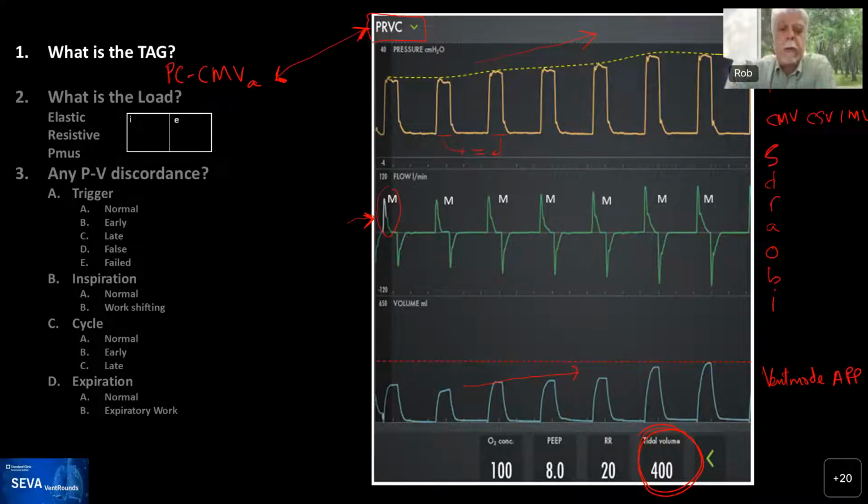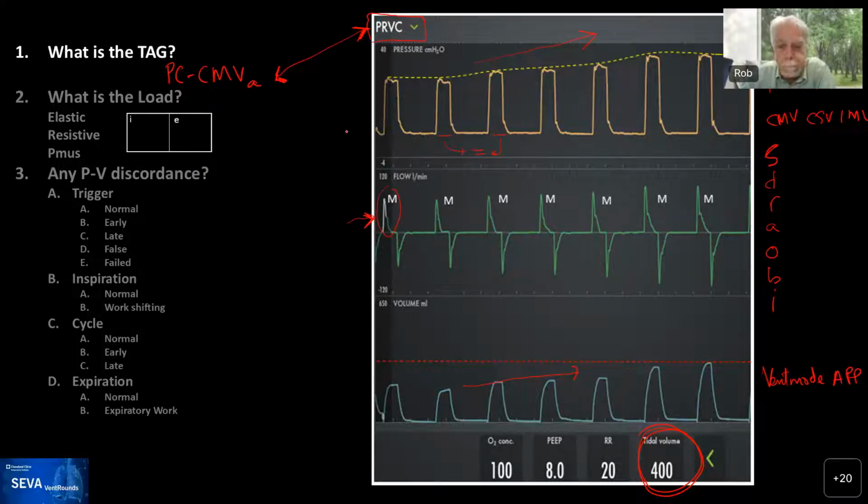So that's an example of what we're seeing here: an adaptive targeting scheme in the face of decreased compliance over these breaths, and the ventilator is trying to adjust inspiratory pressure to give us that target. So it's pressure control, continuous mandatory ventilation with adaptive targeting.